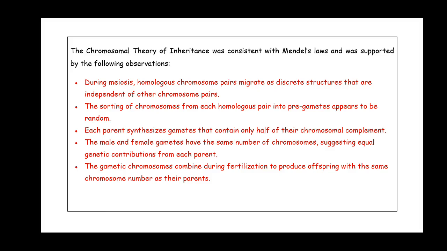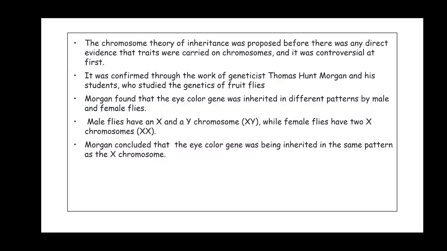The gametic chromosomes combine during fertilization to produce offspring with the same number of chromosomes as their parents. The chromosome theory of inheritance was proposed before there was any direct evidence that traits were carried on chromosomes, and it was controversial at first. It was confirmed by the work of the geneticist Thomas Hunt Morgan and his students, who studied the genetics of fruit flies.